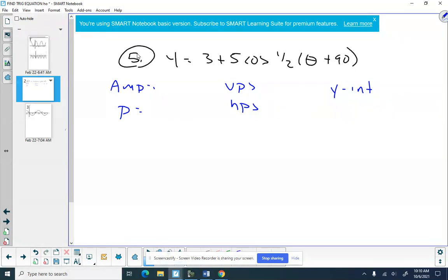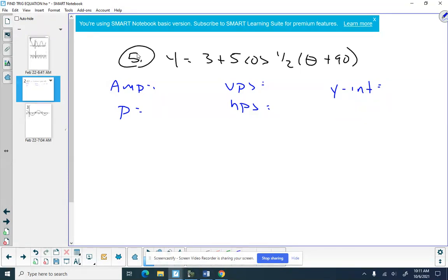Find the amplitude, determine the period, vertical phase shift, horizontal phase shift, and the y-intercept. Once again, these are the first steps every time we've done the problems we've gone through. Amplitude you can find by inspection.